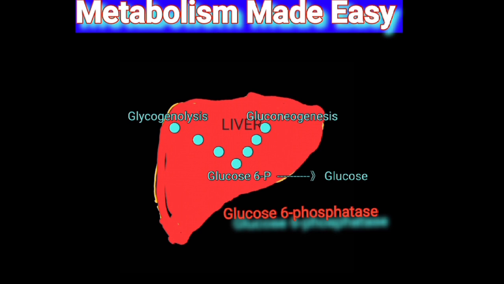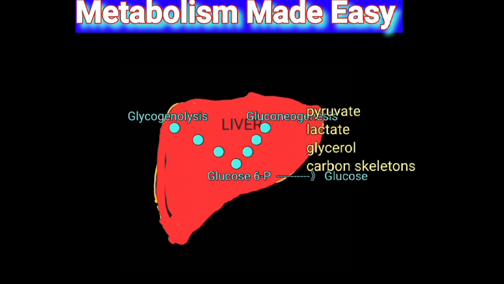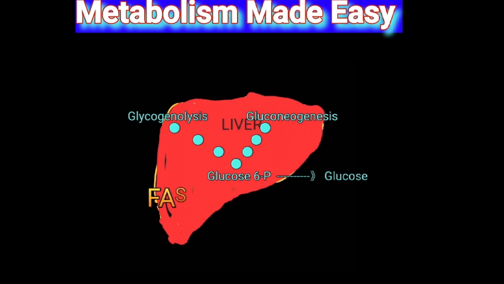Glycogenolysis breaks down glycogen, providing glucose from glycogen stores, whereas gluconeogenesis will use smaller molecules as precursors like pyruvate, lactate, glycerol, and other carbon skeletons derived from amino acids to produce glucose. Both of these pathways, glycogenolysis and gluconeogenesis, are more active in the fasting state.